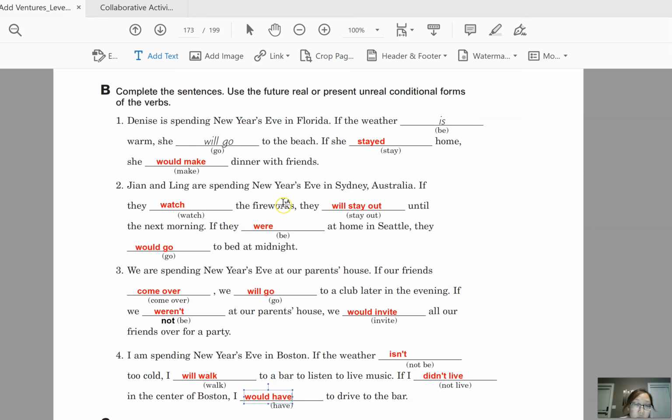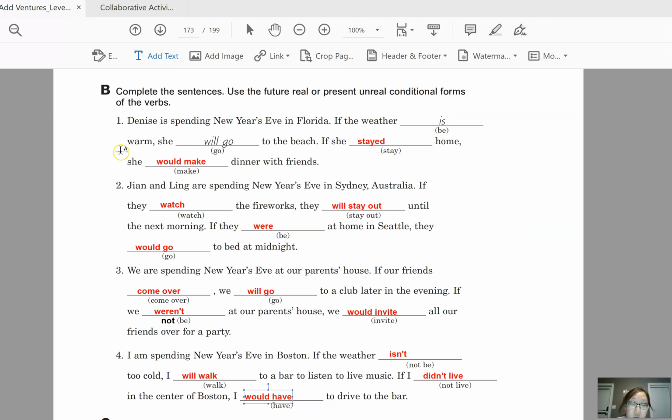Now, I want to practice making questions. So if you look at number 1 again, Denise is spending New Year's Eve in Florida. If the weather is warm, she will go to the beach. I want you to make a question with the future real conditional, and I can do the first one with you.